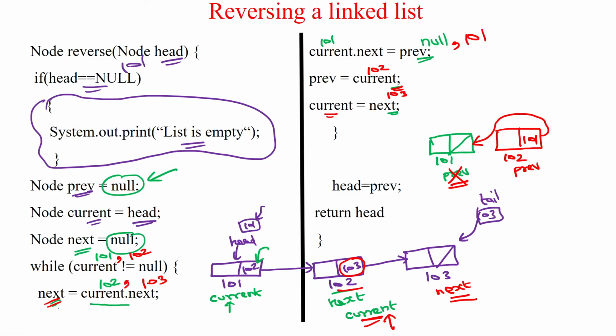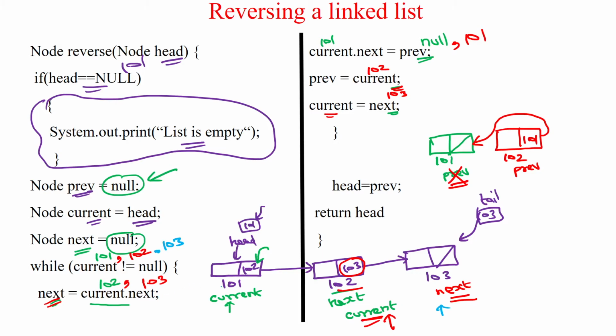So here the current value is 103. In the third iteration, 103 is not equal to null. Yes, 103 is not equal to null, so it comes inside the block.